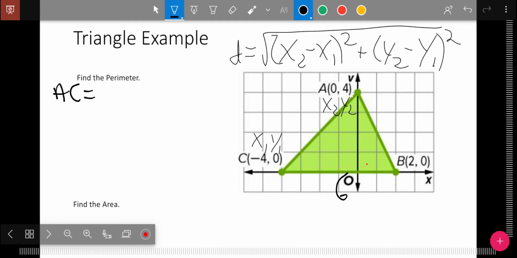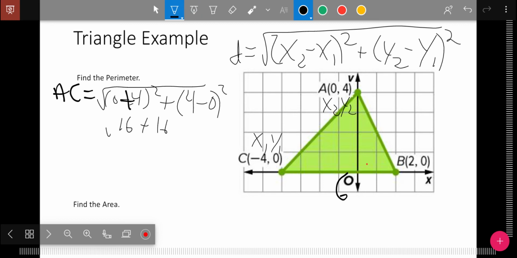And so for my x's, I'm going to do square root 0 minus, sorry, minus a negative 4 squared plus 4 minus 0 squared. This becomes minus a negative. Minus a negative becomes a plus. And that's 4 squared, which is 16, plus 16, which is 32.